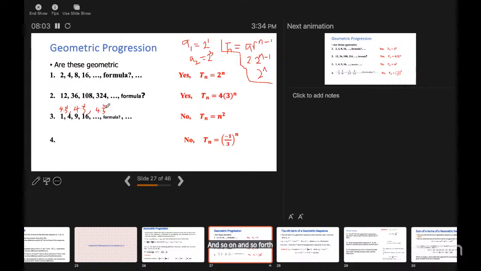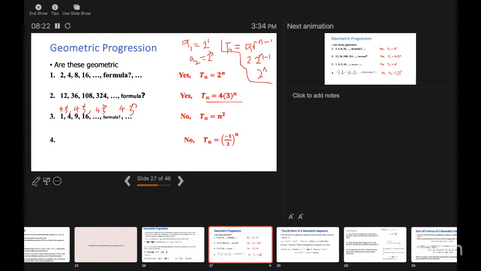So the nth term can be 4 times 3 raised to power n. And that is how you got this. If you apply this formula, though we have not introduced it yet, you will still get this.